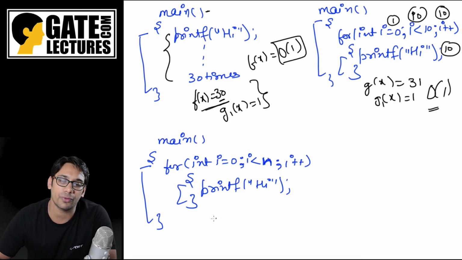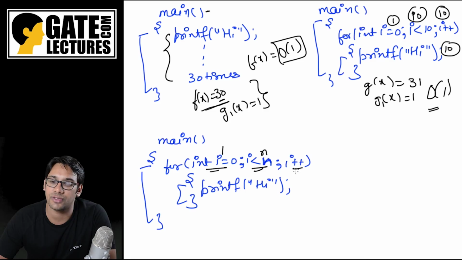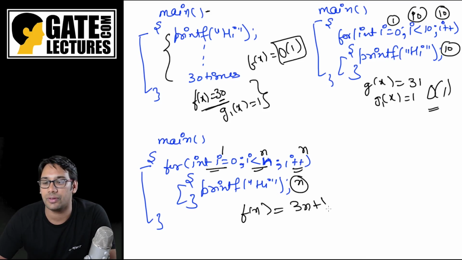Right? Now if you see the program here, this statement will be executed one time, this will be executed n times, this will be executed n times, and this will be executed n times. So if I represent this complete program with the function f(n), then this will be 3n + 1. Here this function is growing by the value of n, right?